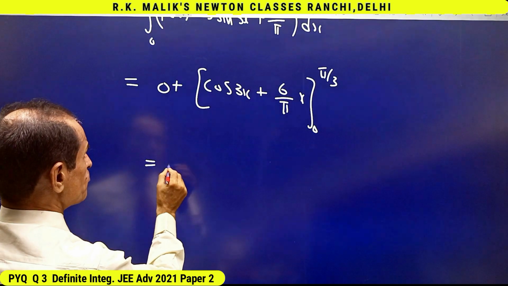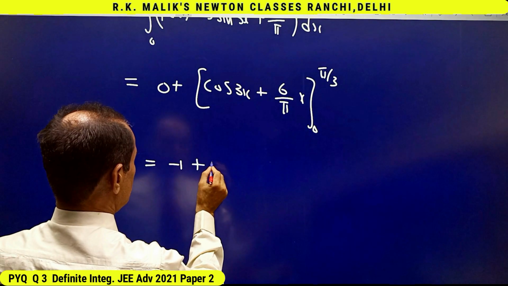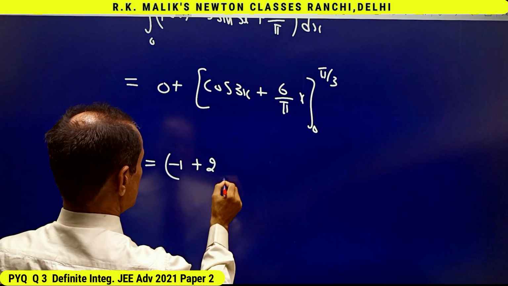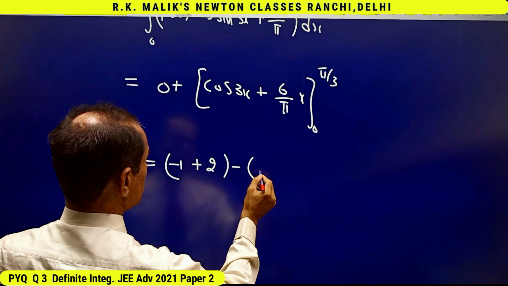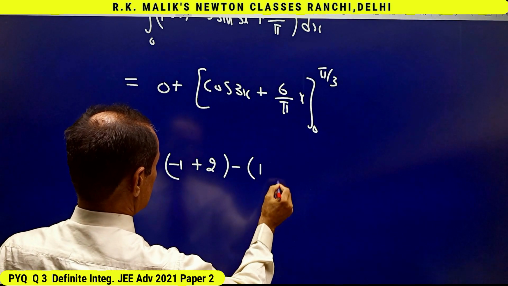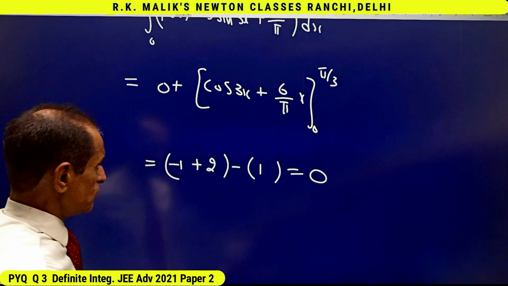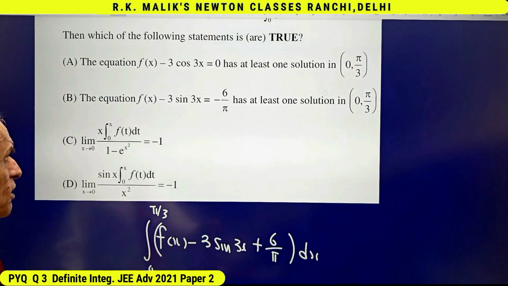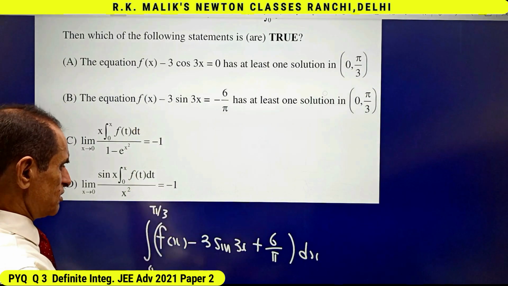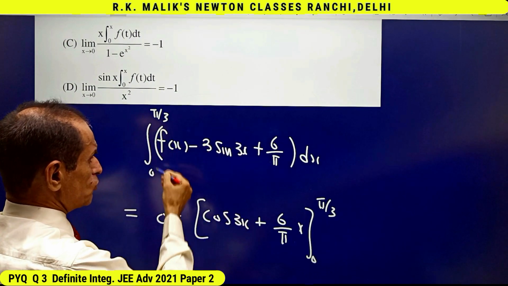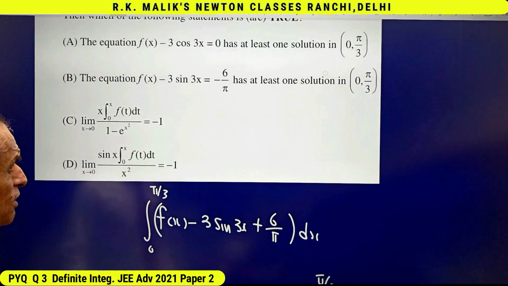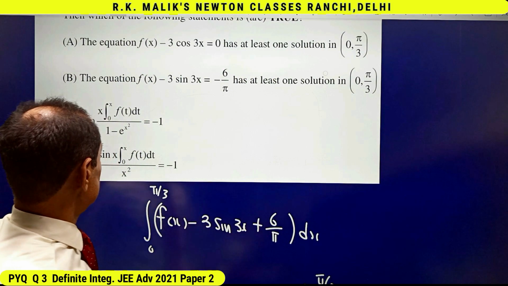That is equal to −1 + 2 − 1, that is 0. Hence, using the same argument, again I can say this equation will also have at least one root in the interval 0 to π/3.